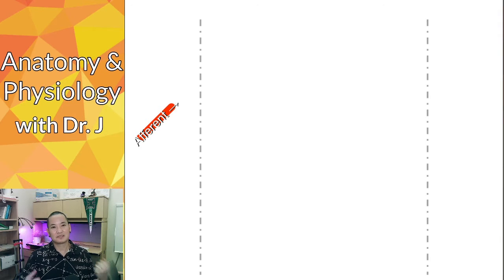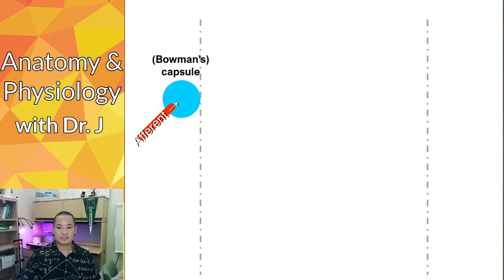There are two terms called afferent and efferent, but I'll say afferent and efferent to make it a little more clear. Afferent is also a word that can roughly mean towards something. So we have afferent arterioles that lead toward the structure called a Bowman's capsule or glomerular capsule.